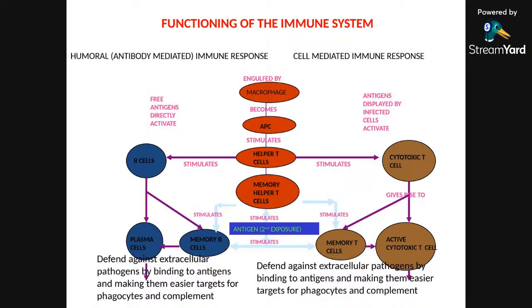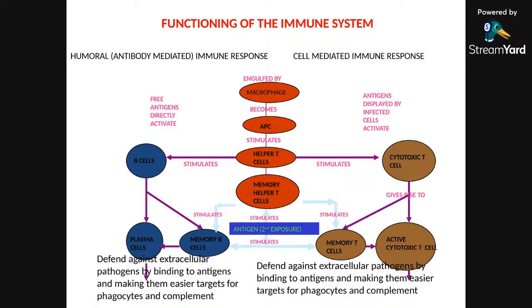The B cells defend against extracellular pathogens by binding the antigen, making them easier to target for phagocytosis, with the complement and the T cells.